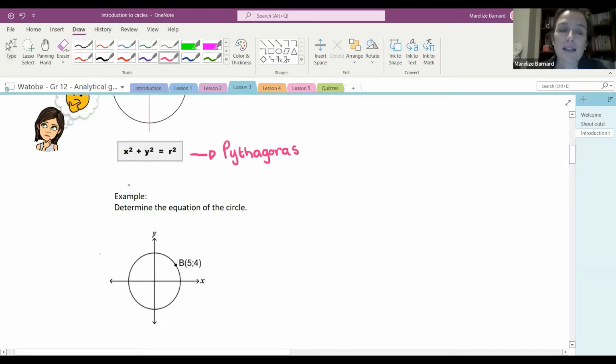So when we calculate the equation of the circle, we need two things, the center and the radius. In this case, the center is at the origin, so we know the coordinates are 0, 0.